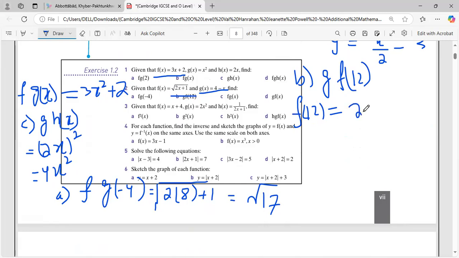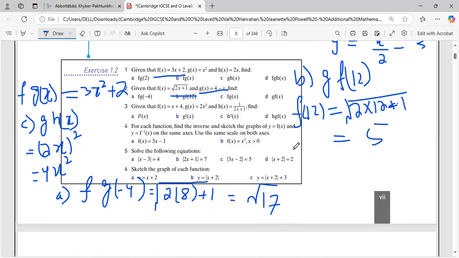So 2 times 12 plus 1, whole root. So 12 times 2 is 24, 24 plus 1 is 25, and the root of 25 is 5.